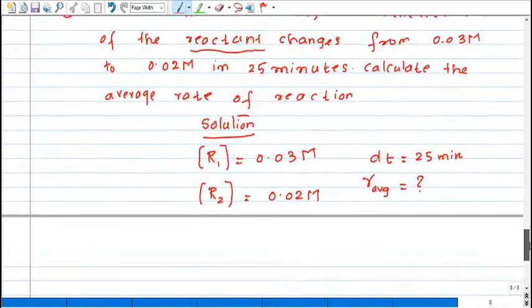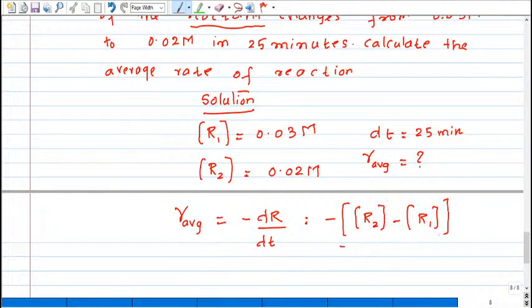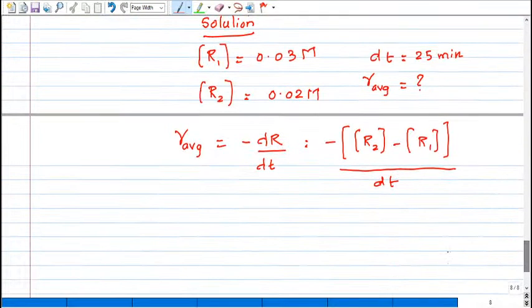Please note this down. To find the average rate of a reactant, you know very well the formula is minus dR divided by dt. That is nothing but minus (active mass of R2 minus active mass of R1) divided by dt. Just tell me what is R2 now.